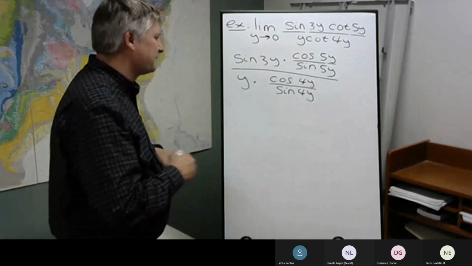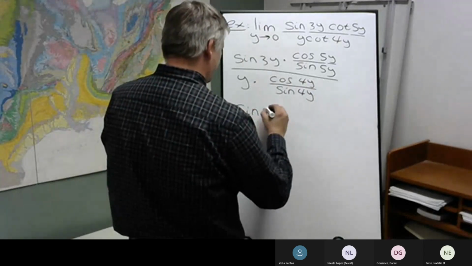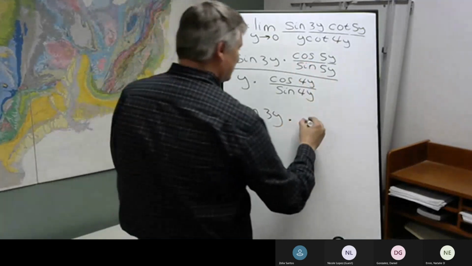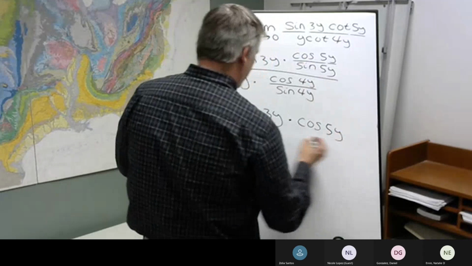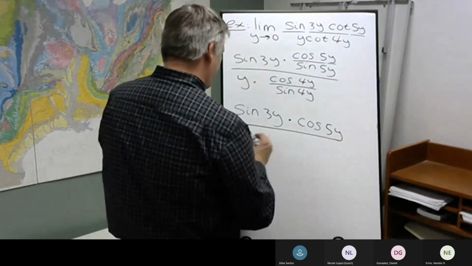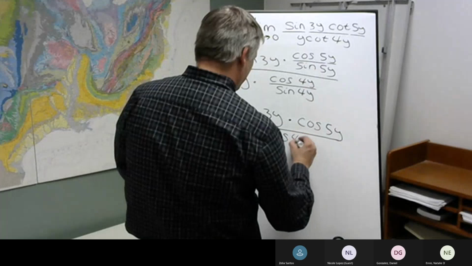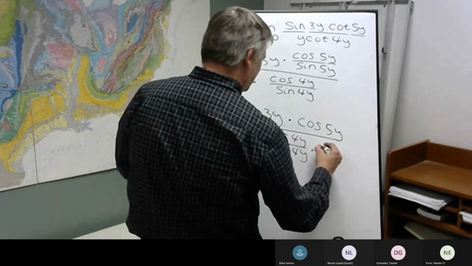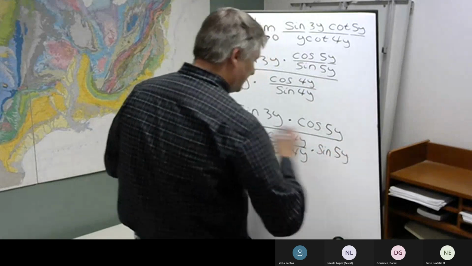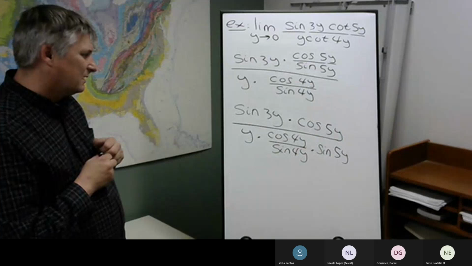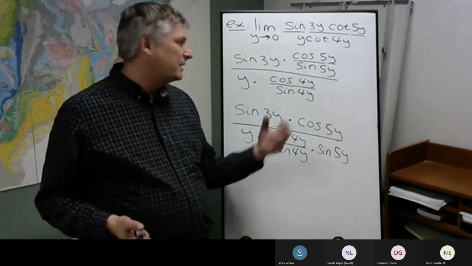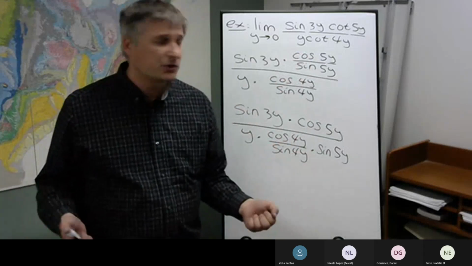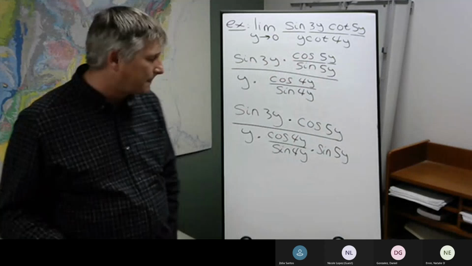So let's simplify this down here. Sine of 3y times, now what will happen here, this sine is going to jump down. So I have cosine of 5y, y times cosine 4y, sine of 4y, times sine of 5y. So I'm simplifying this from being a compound fraction to just a regular fraction, or put another way, a compound rational function to just a regular rational function.